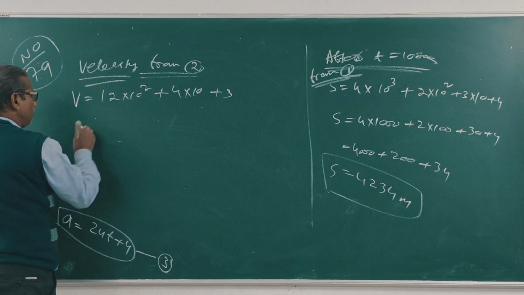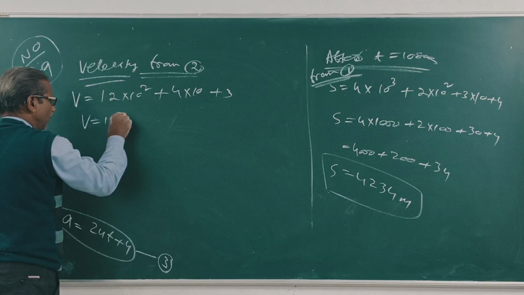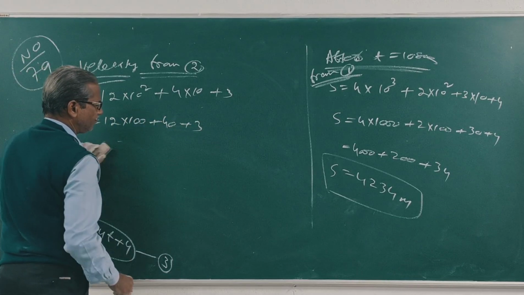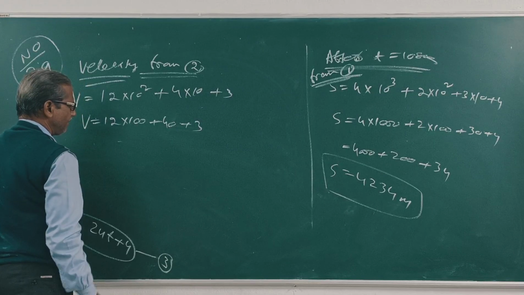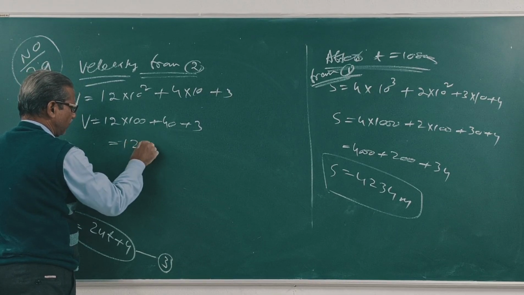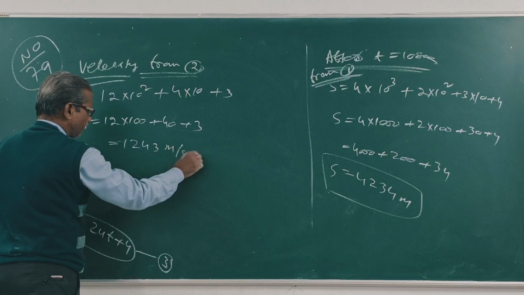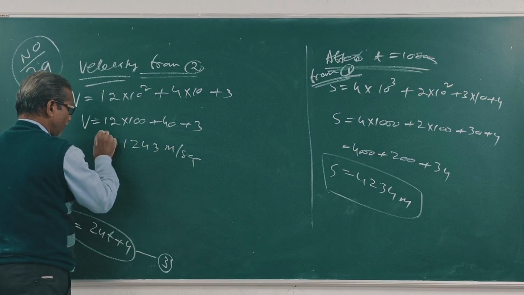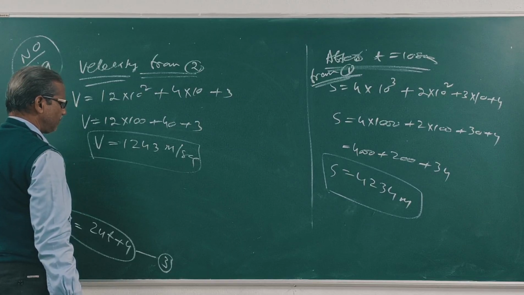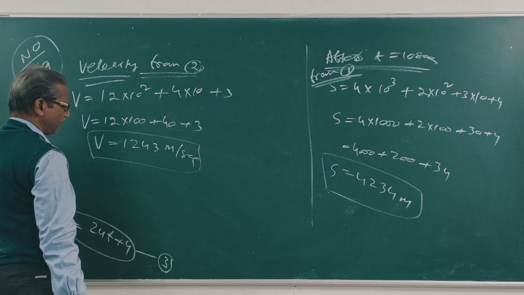So v = 1200 + 40 + 3, which is 1243 meters per second. This is velocity v. Now acceleration from equation 3.